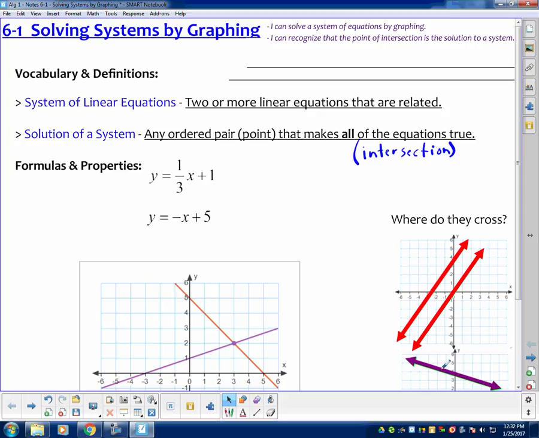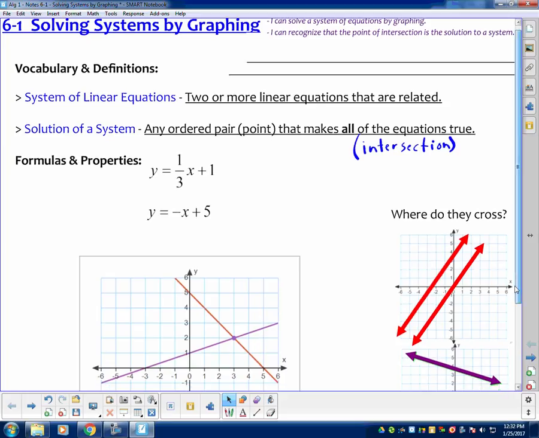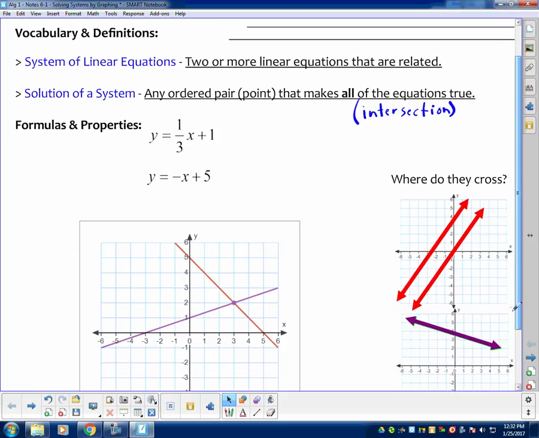All right. There are three different types of solutions to a system of linear equations. One of them would be represented by this picture right here. How many places do I have an intersection here? One. So we call this the one solution case.